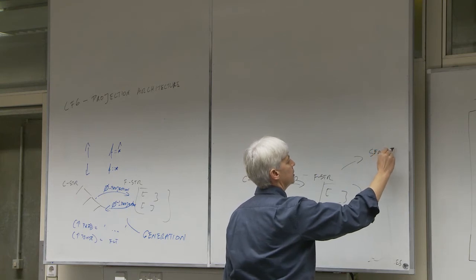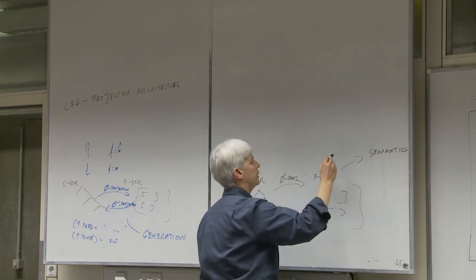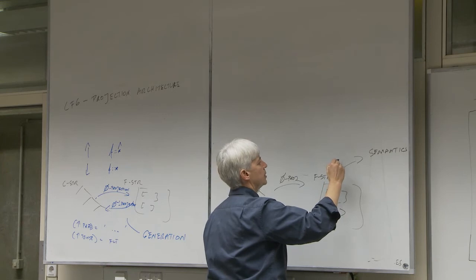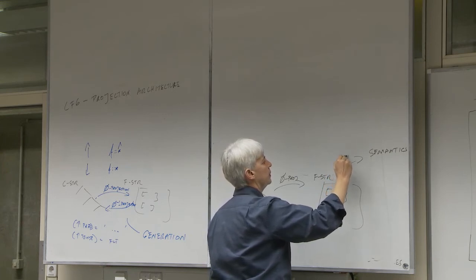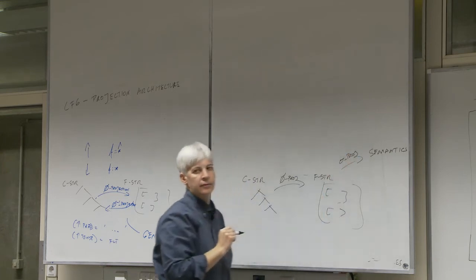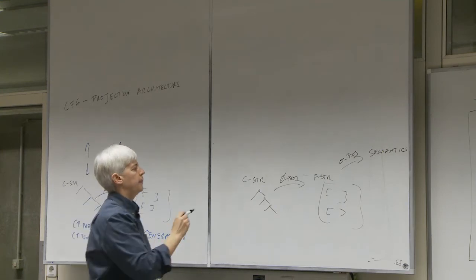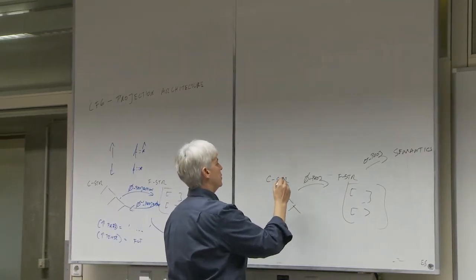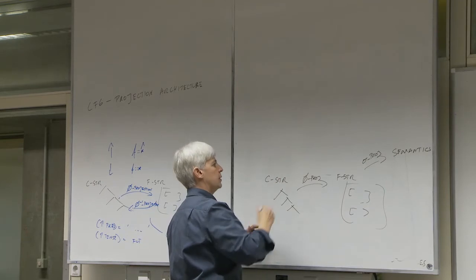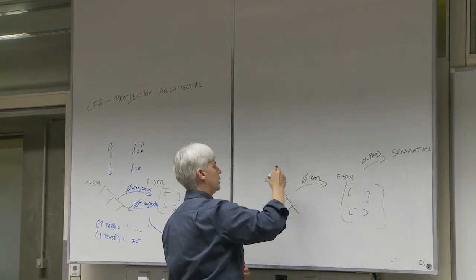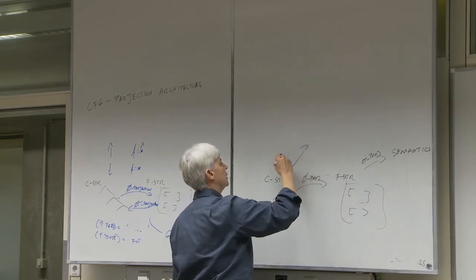Well, this is what you actually do in LFG via the sigma projection. Okay. And one thing we started doing then, this is what Tracy and I innovated, this is all classical LFG. What we innovated is that you could go to the I structure as well via the I projection.